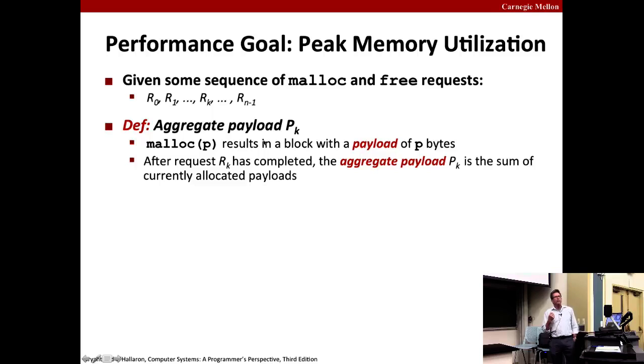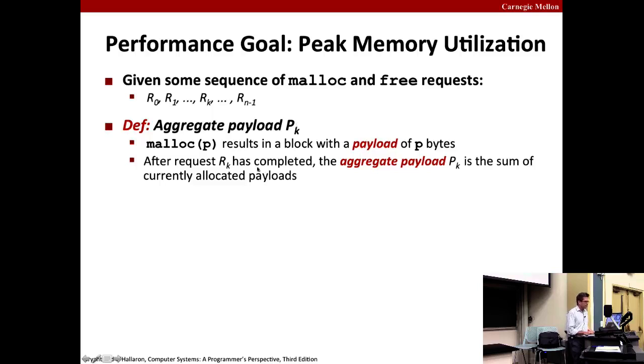When an application makes a call to malloc, it's requesting a block of a certain size, and that is called the payload. So if we call malloc with an argument of 10 bytes, we're requesting a block that has a payload of at least size 10. The 10 bytes that we request are called the payload, and everything else in that block is overhead.